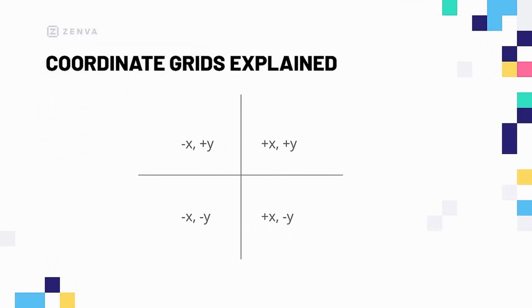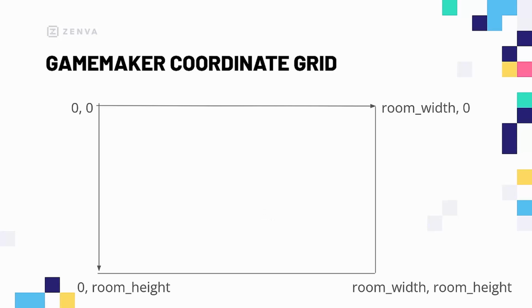But in GameMaker, this coordinate system is a little bit different. In GameMaker, the coordinate system starts at the top left, and that is the 0, 0 origin of the game room. And as you move to the right, your x increases until you reach the end of the screen, which is called room width.